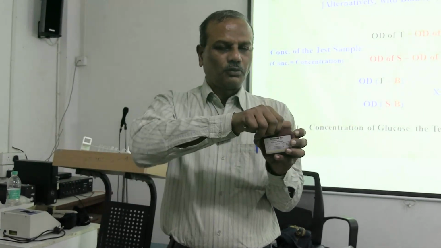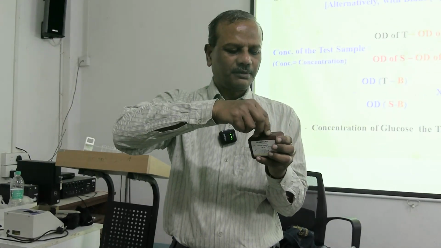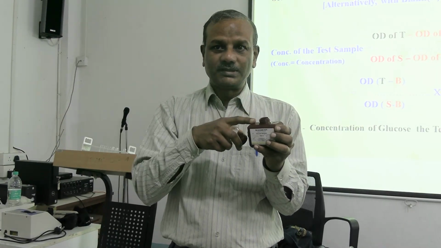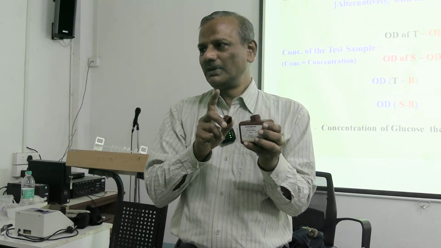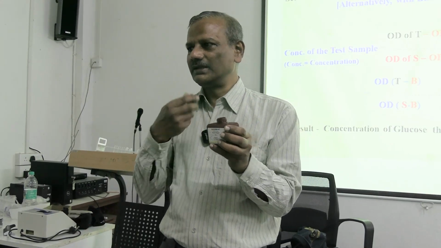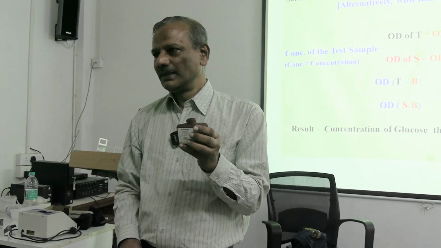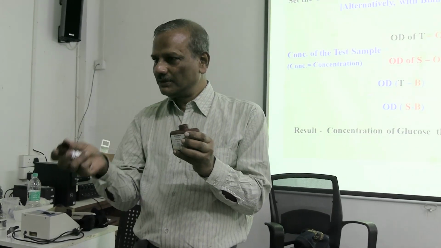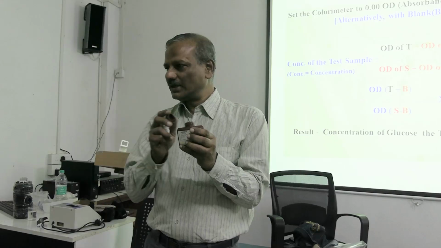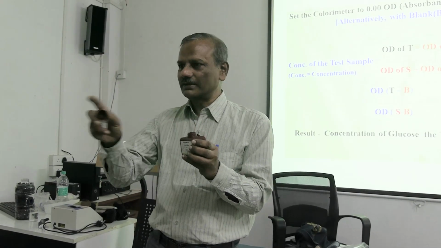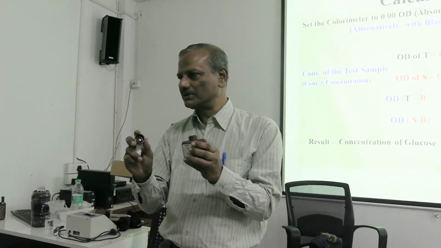Then you shake it, you open the cap, and since this whole lot is there, it must not be contaminated. You have to be careful, because once you contaminate it, the entire reagent is gone. Either you decant to a smaller test tube or smaller container, so that the reagent is saved. You will get some idea how many samples are there and how much reagent you want to use.